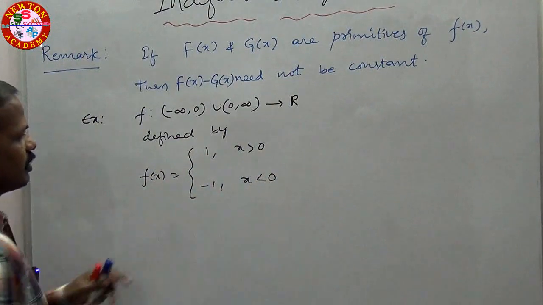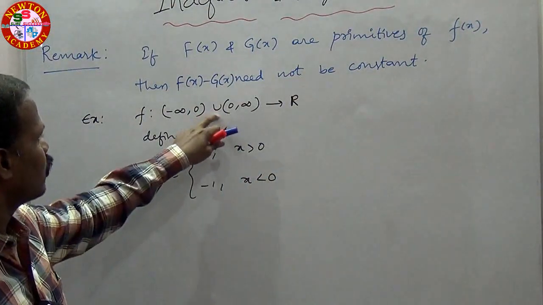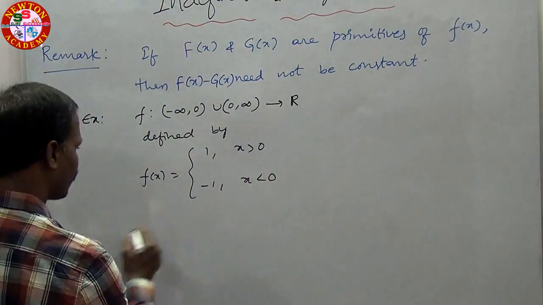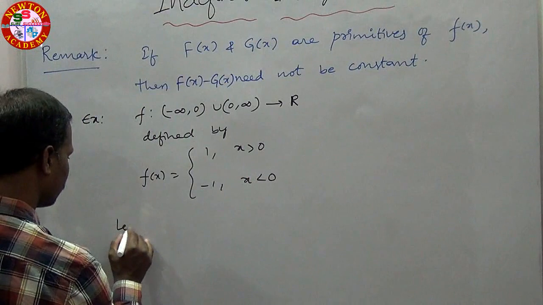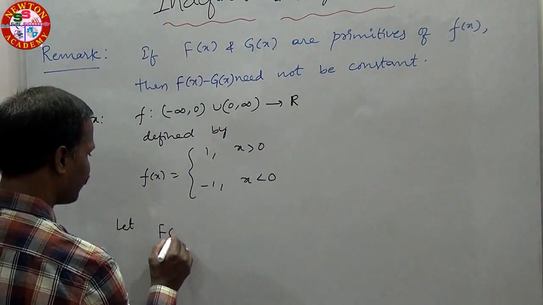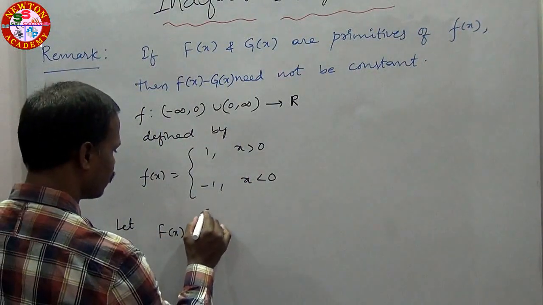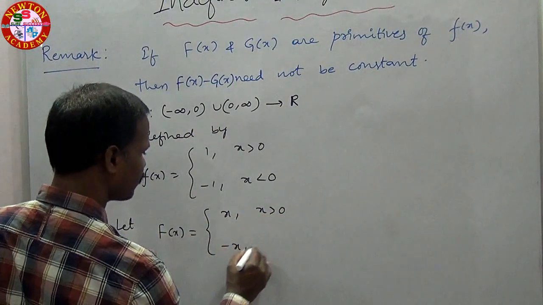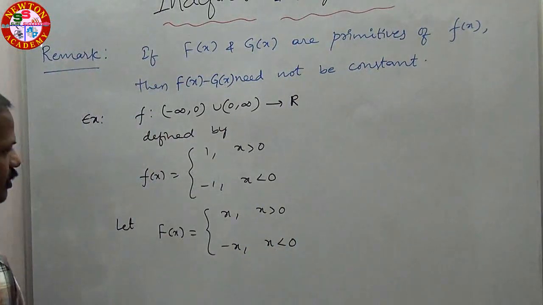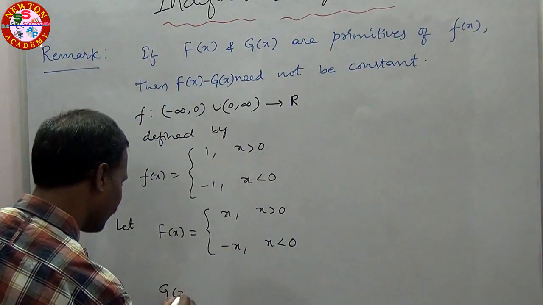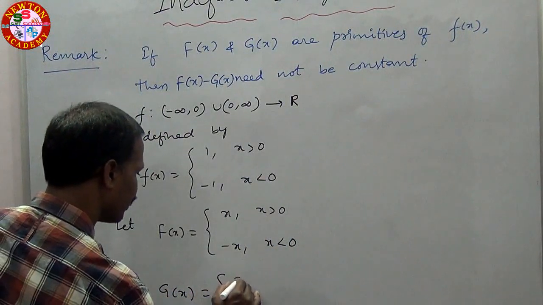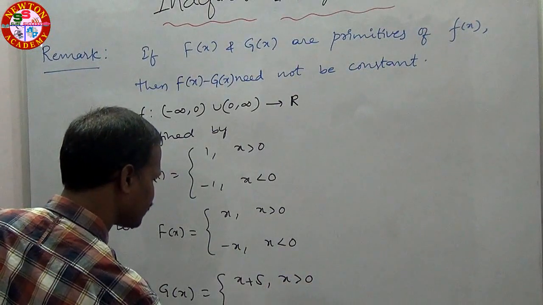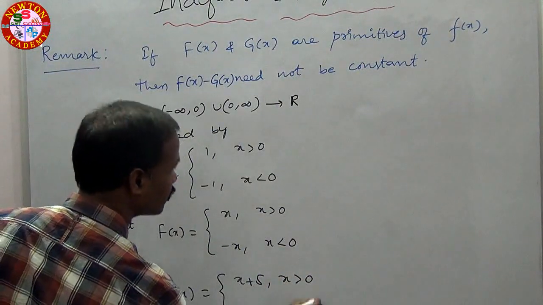At x equal to 0 it is not defined, because 0 is not in the domain. Next, let capital F of x equal x for x greater than 0, minus x for x less than 0. And capital G of x equal x plus 5 for x greater than 0, minus x plus 10 for x less than 0.